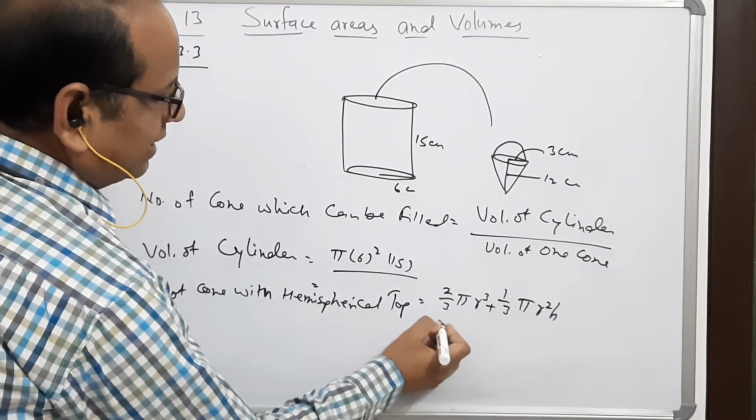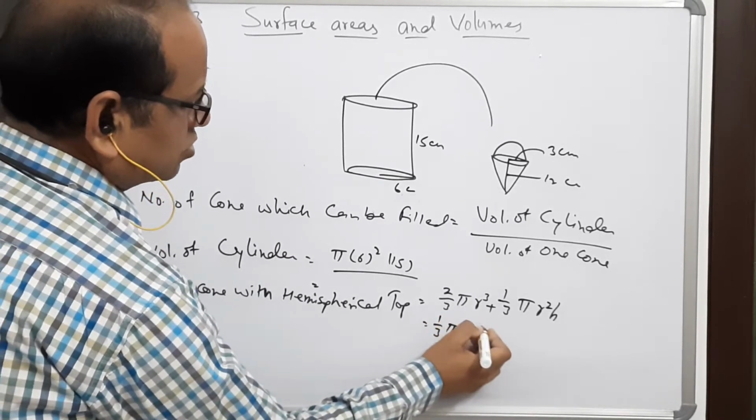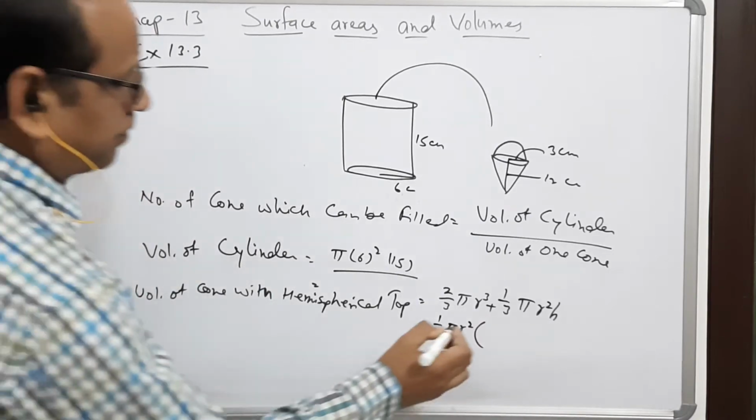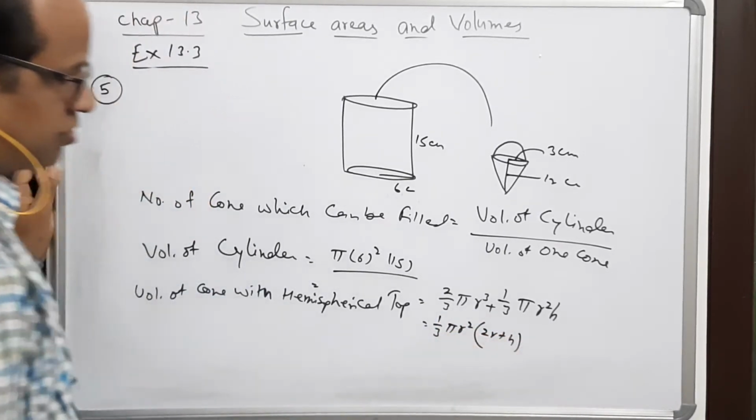Here we can take 1/3 pi r square common, then it is 2r plus h.